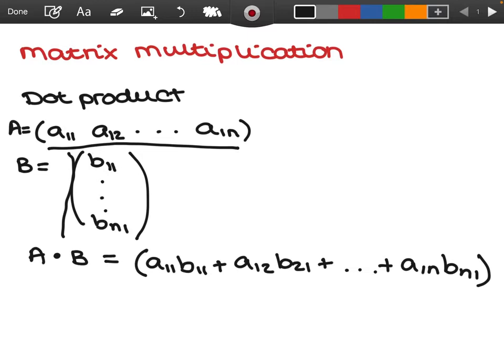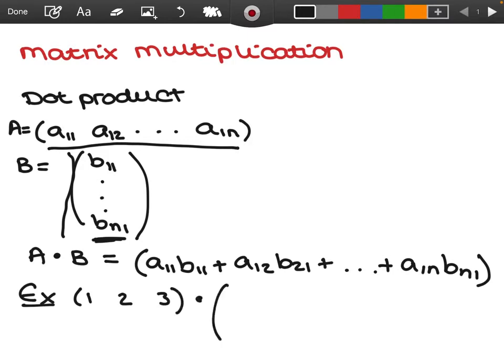Okay, if A only had 4 entries but B had 5, then we would end up with this random entry at the end that couldn't multiply anything in A, and therefore it would mess up. So when we do this, we have to make sure that both A and B have the same number of entries. So this is how the dot product is defined.